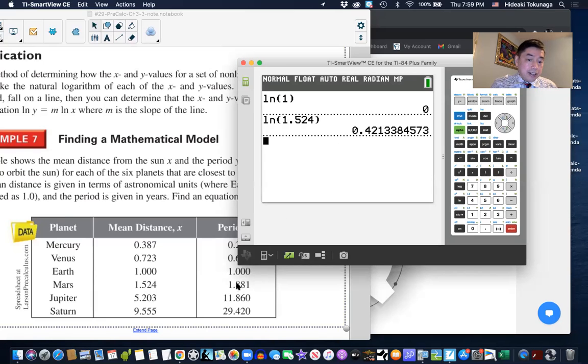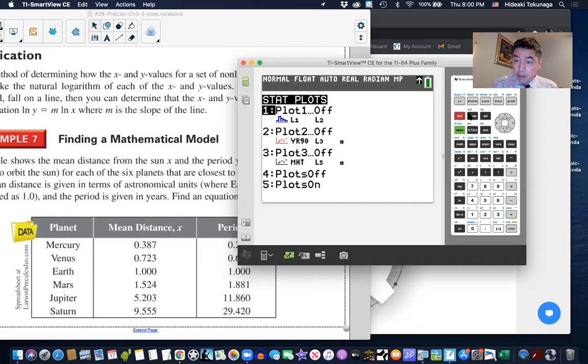How about the years? It's 1.88 years for Mars, so you plug in natural log of 1.881.